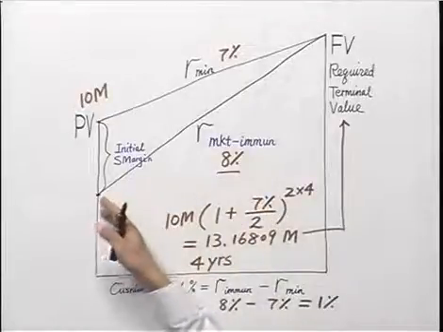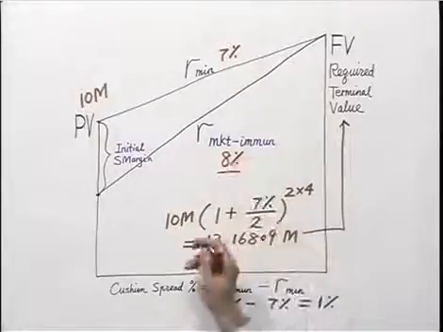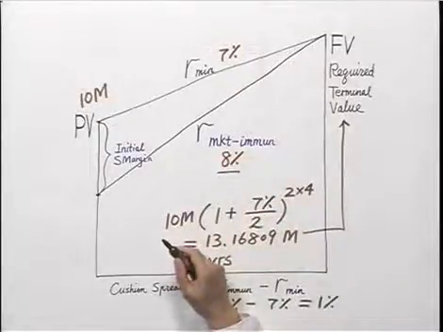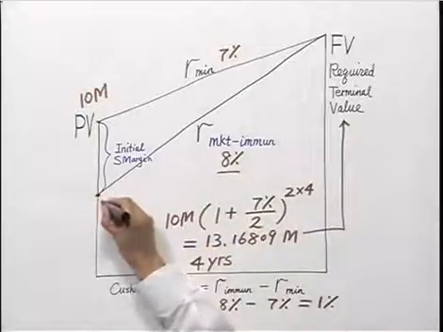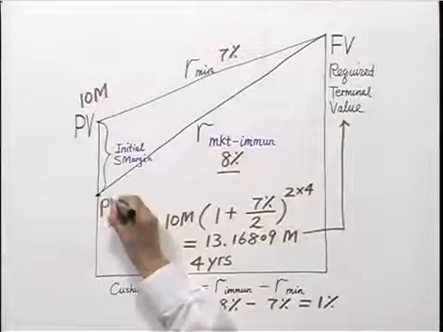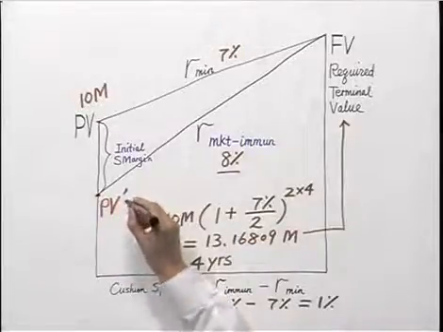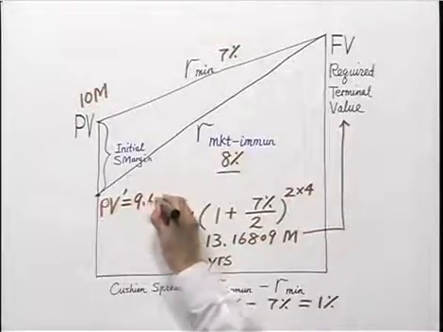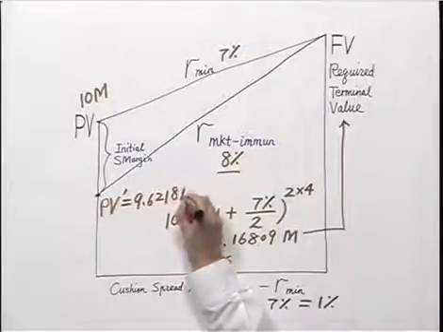Of course, we're buying a zero coupon bond to meet that future liability, so the periodic payment is 0. Then you hit compute. You'll be able to get a present value, that's our minimum that we require. That would be 9.6218 million.